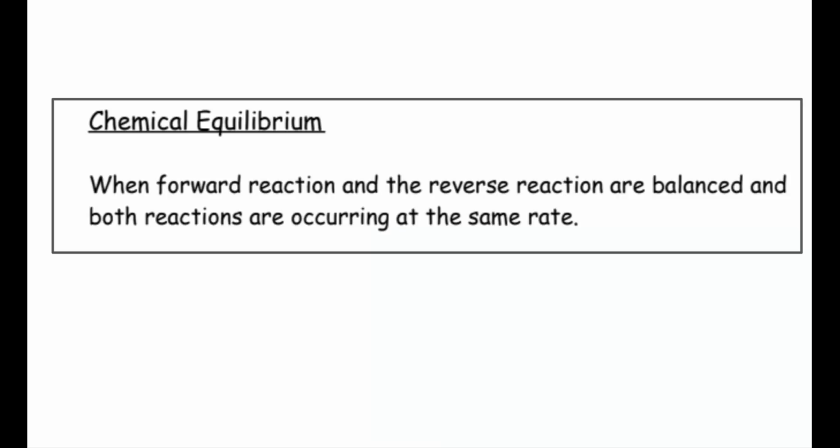A chemical equilibrium is when the forward reaction and the reverse reaction are balanced and both reactions are occurring at the same time. So some reactants are turning into products, and at the same time, some products are turning back into reactants.